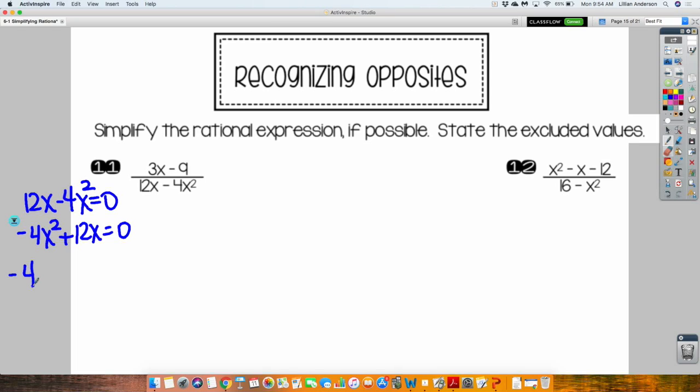So negative 4, anything else they have in common? X. Anytime your largest exponent is negative, so in this case the x squared was negative, I would factor out the negative. It makes it a little bit easier, especially when we get to the simplifying part. When I take out a negative 4x from a negative 4x squared, what am I left with? When I take a negative 4x out of a positive 12x, what am I left with?